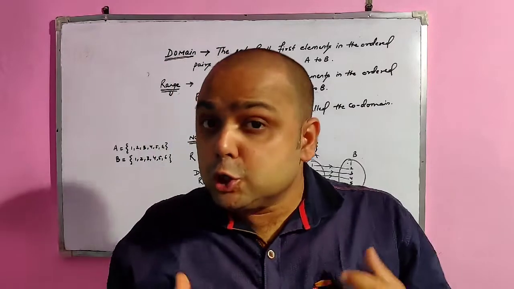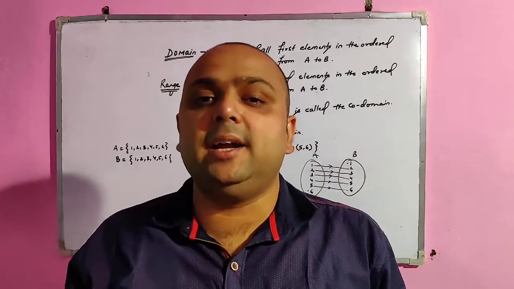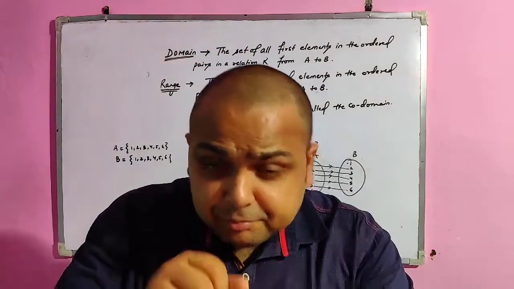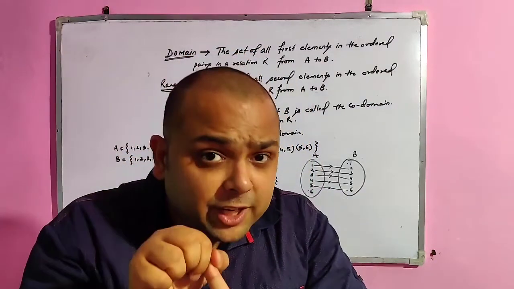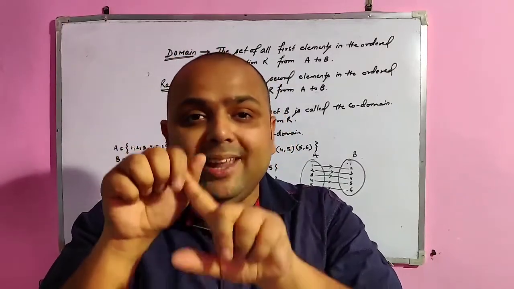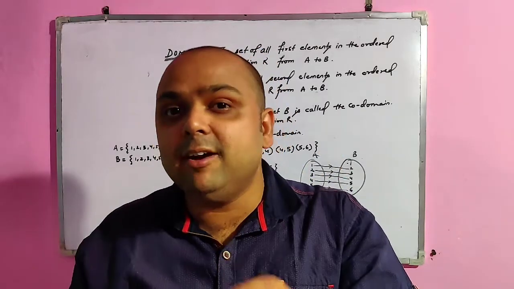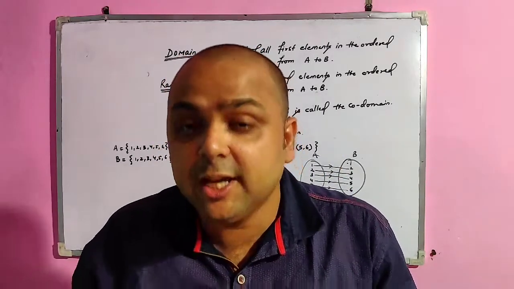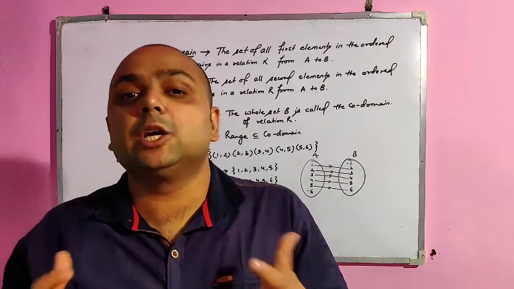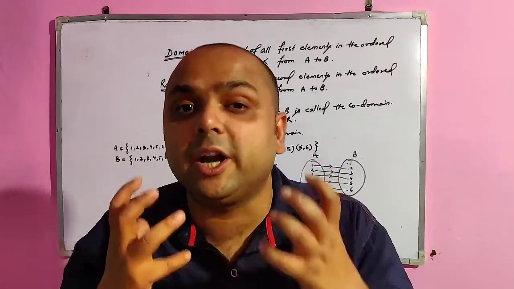Before starting the types of relation, you should understand the meaning of relation, the mapping of relation, the meaning of Cartesian product, and the meaning of domain, range and codomain. In the next part of the video, I will tell you the types of relation, which will help you understand the concept of equivalence relation more clearly.